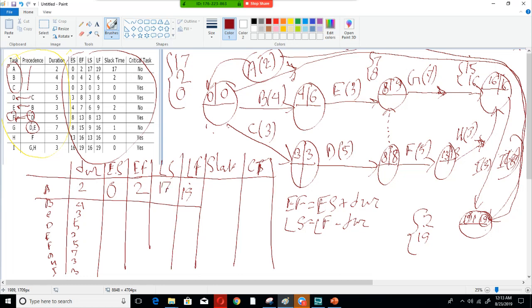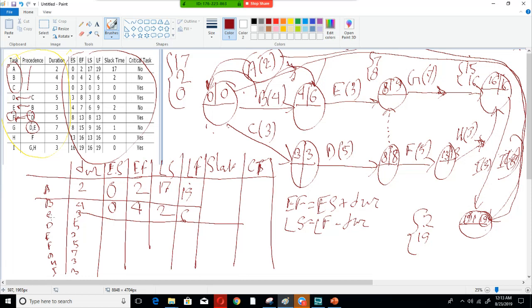Now we can do this for each of the other states. For B, the early start will be this 0 and the late finish will be this 6. So early finish will be 0 plus 4 and the late start will be 6 minus 4, that will be 2.